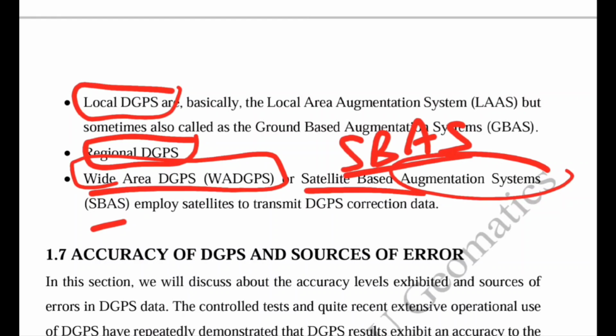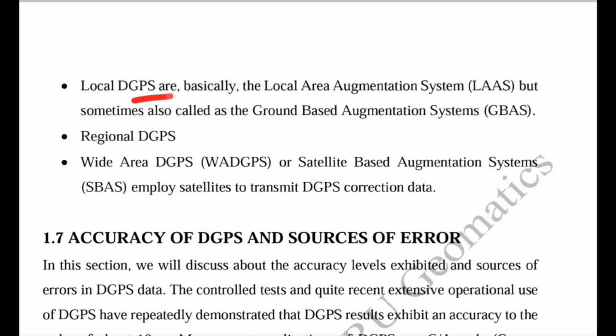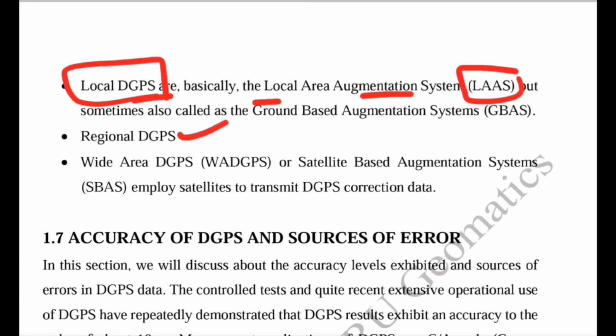These terminologies are very important for the exam. Local DGPS is also known as LAAS, the local area augmentation system, which covers a small area. Regional DGPS has more coverage, and wide area DGPS is basically the satellite-based augmentation system, which employs satellites to transmit DGPS correction data.